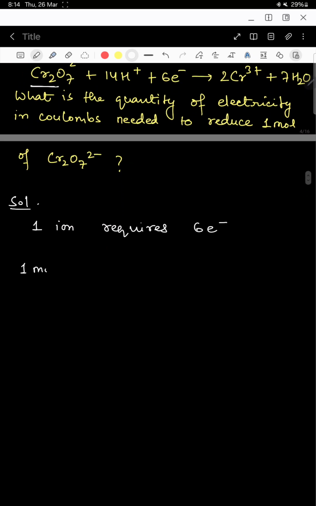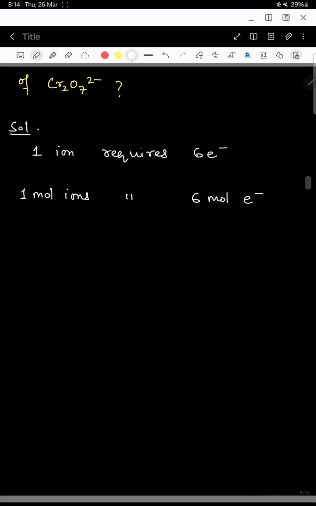So 1 mole of ions will require 6 moles of electrons, right? In the question it says only 1 mole of ions or 1 mole of dichromate. So 1 mole of ions will require 6 moles of electrons. Now 6 moles of electrons means 6 Faraday. The charge on 6 moles of electrons will be 6 Faraday. So just 6 into 96500 coulombs. That is your answer.